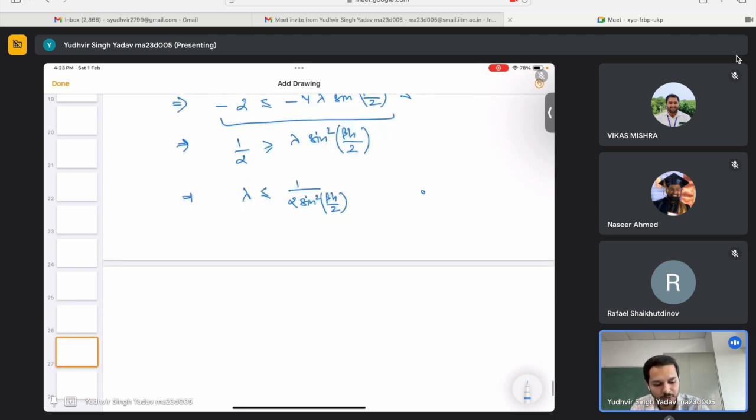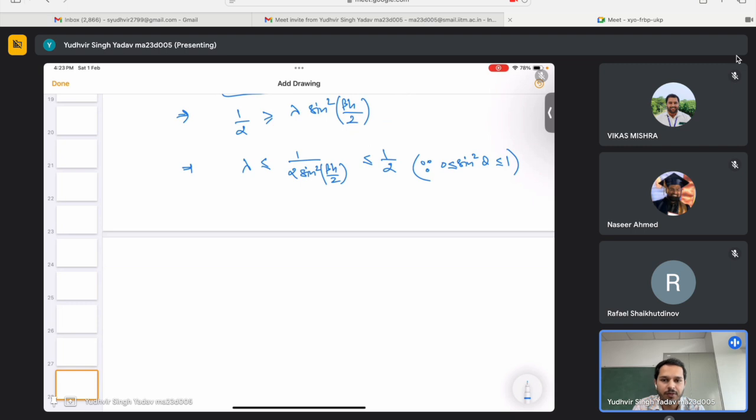Since you must also know that sine square theta is between 0 and 1, sine square in the denominator is always between 0 and 1. So we can say that it is 1 by 2. So this is our stability condition for the explicit scheme. That is, lambda must be less than or equal to half in order for the scheme to be stable.